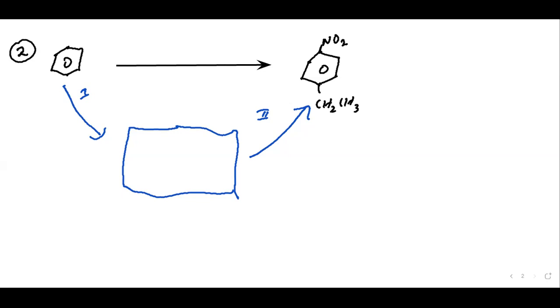Okay, Tamasha gave first CH3CH2Cl, and then conc HNO3 and conc H2SO4. Any other options, alternatives here?